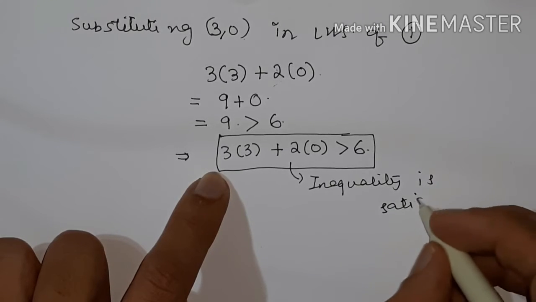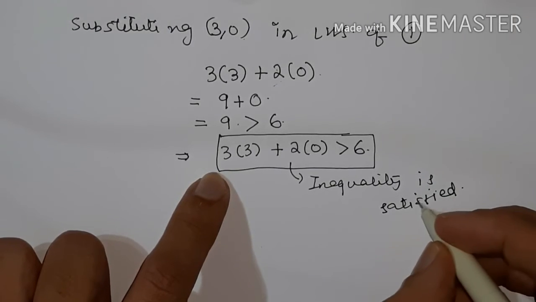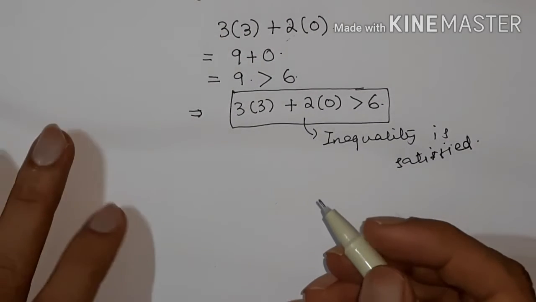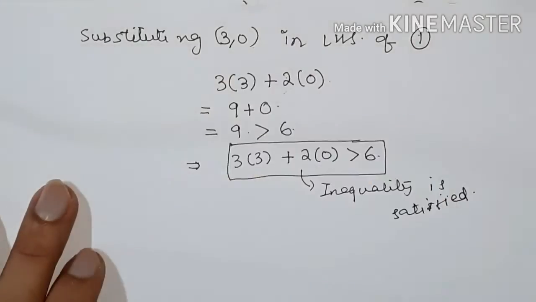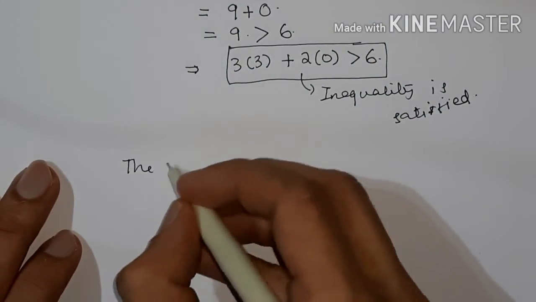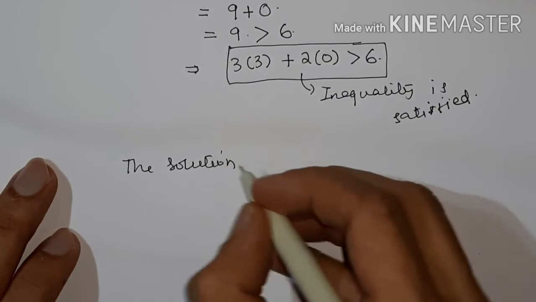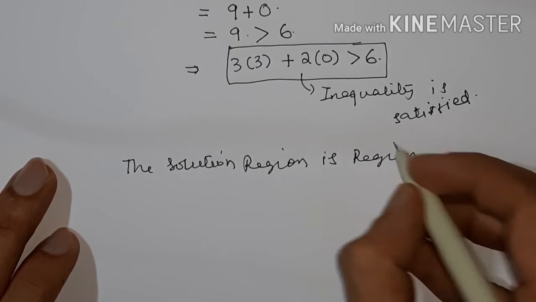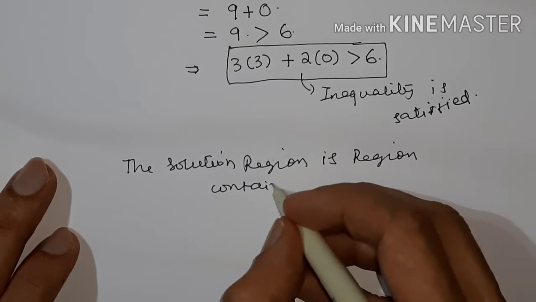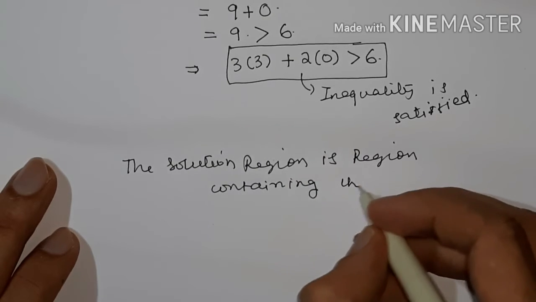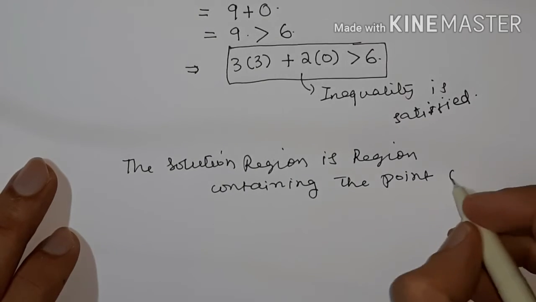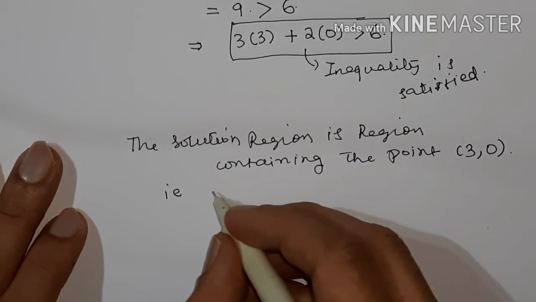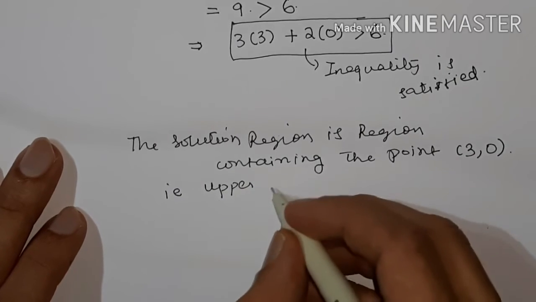So that means the solution region is the region which contains the point 3, comma 0. That is the upper half plane, right?